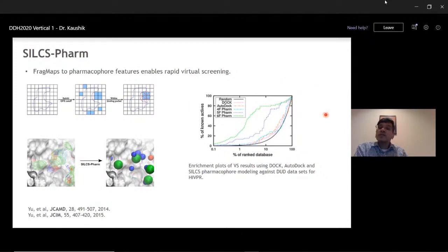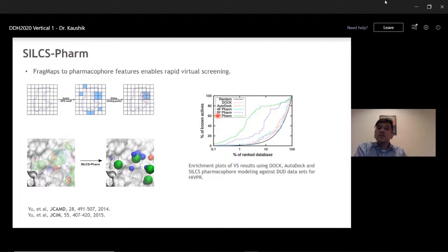So here's a benchmarking result where we took the HIV protease, ran a SILCS simulation, turned those into pharmacophoric features, and took the DUD data set, which consists of both actives and decoys. And we were seeing how quickly each of these different methods like DOCK, AutoDock, and the pharmacophoric approach from the SILCS simulation can correctly identify actives from the decoys in that given set for this given binding pocket.